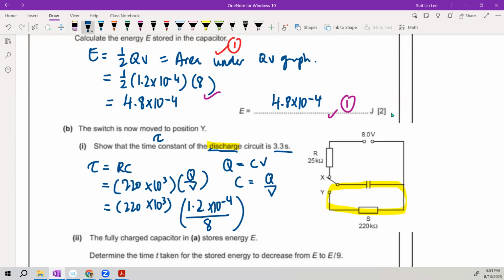Wow, exactly 3.3. Chef's kiss. 3.3 seconds. We substituted it into this C.